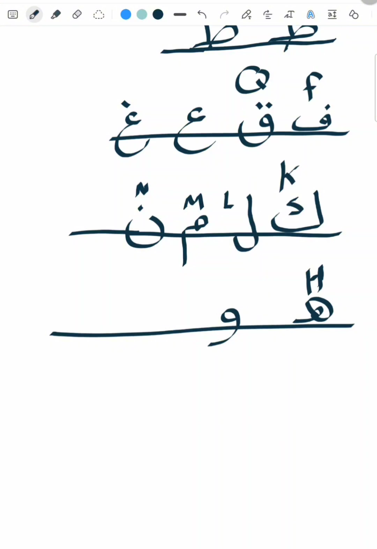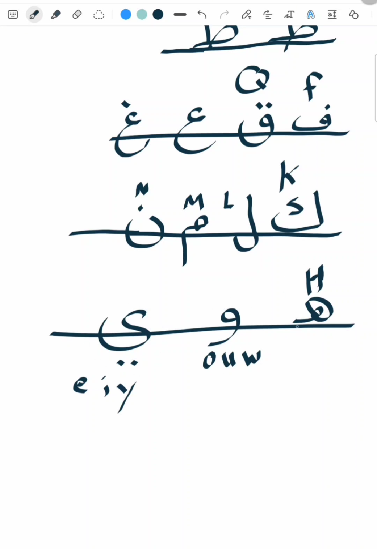wow, yeah. Wow could be O, U, or W, and yeah could be E, I, or Y. I know I went fast in here because most of these are similar to English. Yeah. Wow.